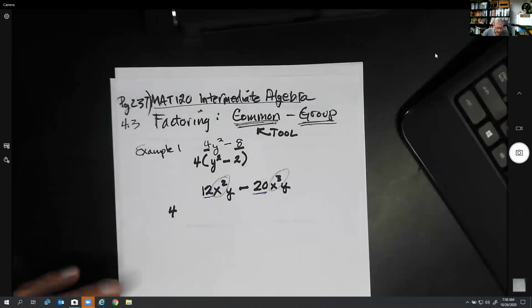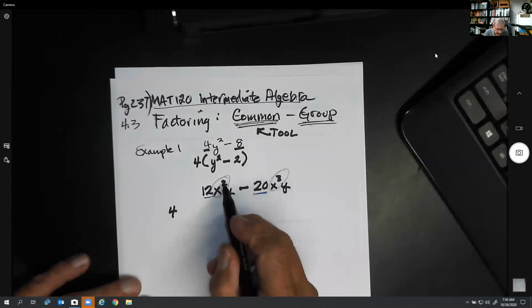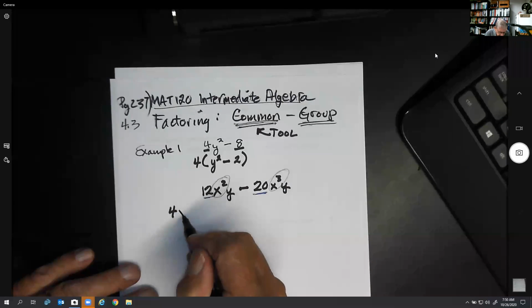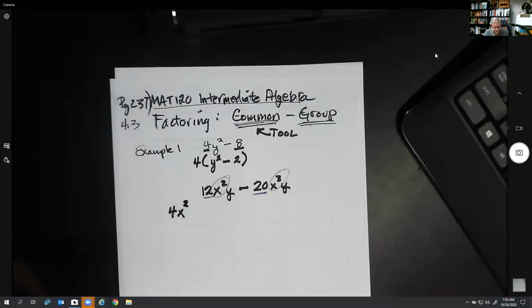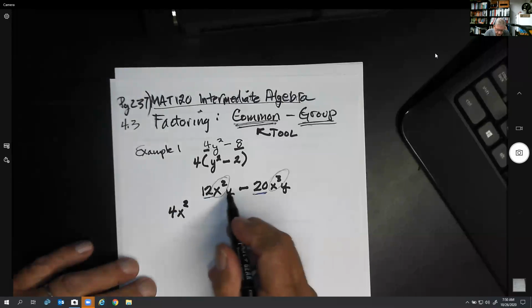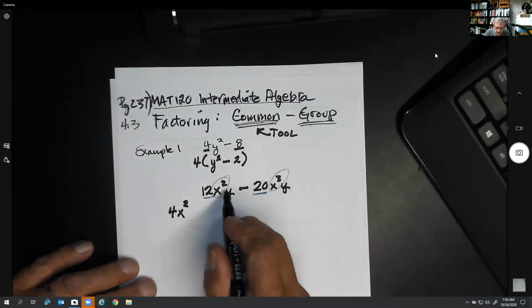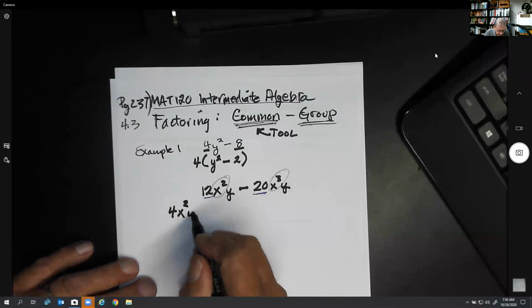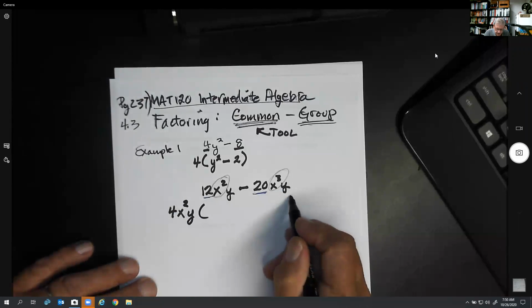But when we're factoring out x's, we take out the smallest exponent between the two of them. So we're going to take out x squared. And finally, they both have y's. So we're going to take out that common y. I'm going to put a parentheses.